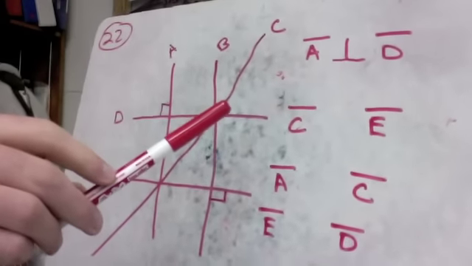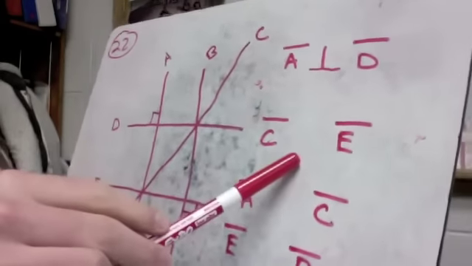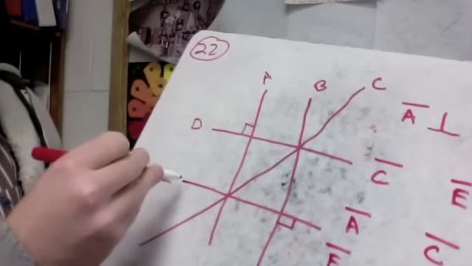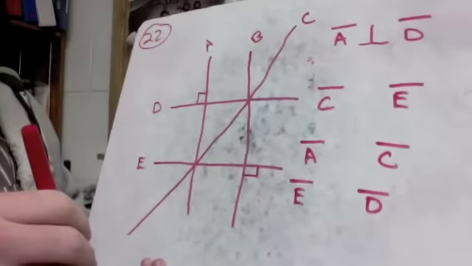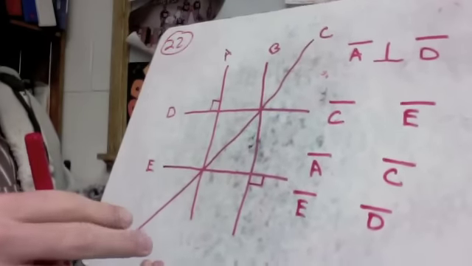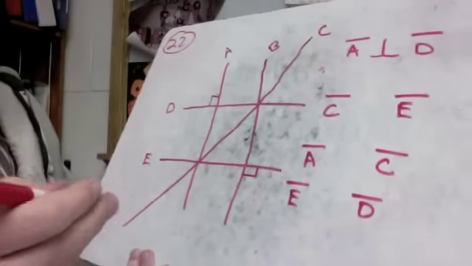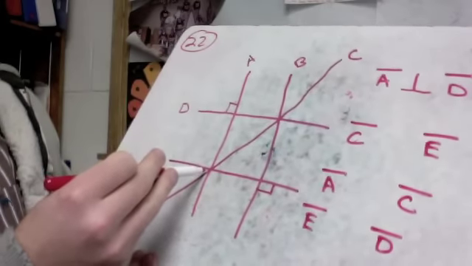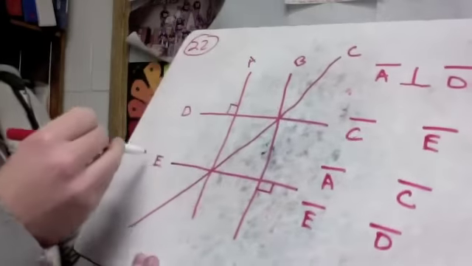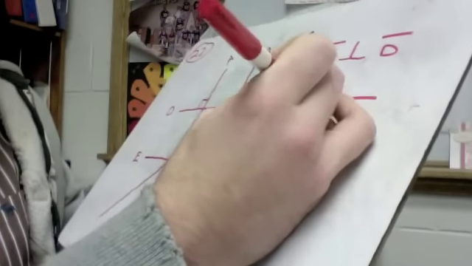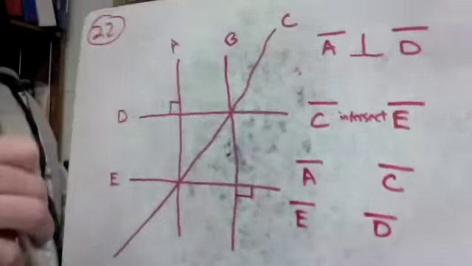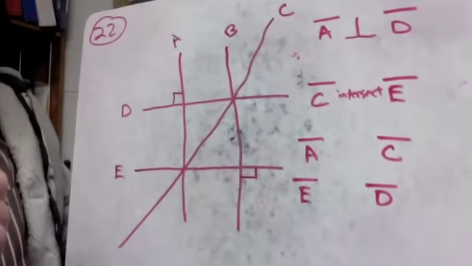Segment A is perpendicular to segment D. Let's go to C and E. Okay, here's E, here's C. They cross, so they're definitely not parallel, but it's also not perpendicular because they don't make a square angle. C and E don't make a square angle, so in the middle, I'm just going to put intersect. C intersects E, but it's not perpendicular.